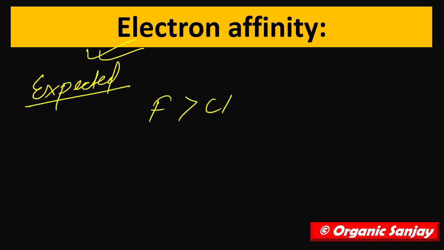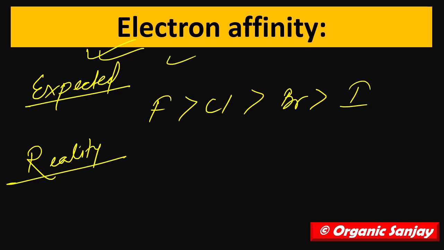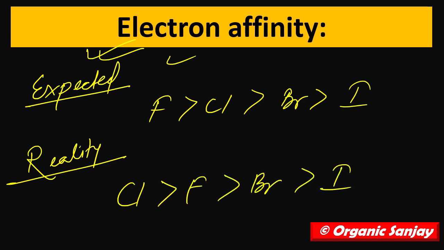Now regarding the order of electron affinity, the expected order according to the size is fluorine, chlorine, bromine, and iodine. Okay, but in reality, it is observed that the electron affinity values follow the order chlorine, fluorine, bromine, and iodine.